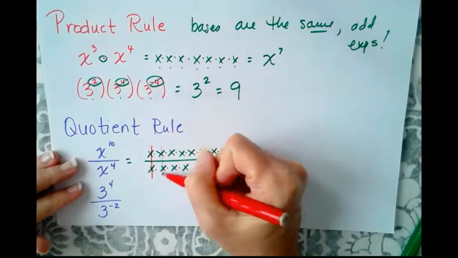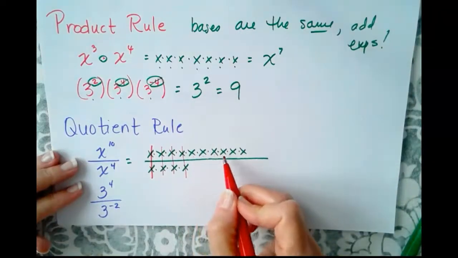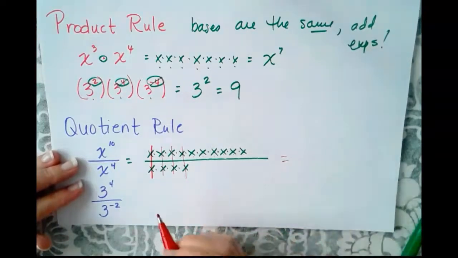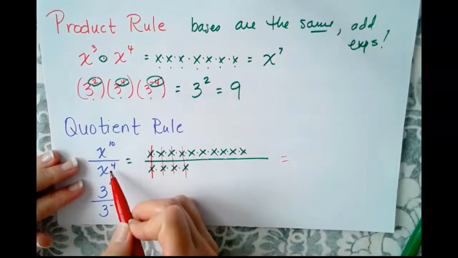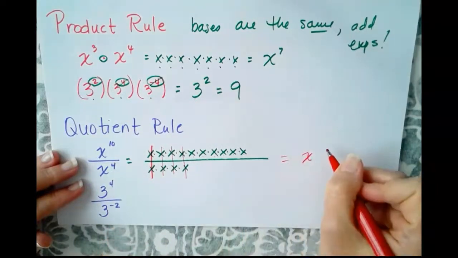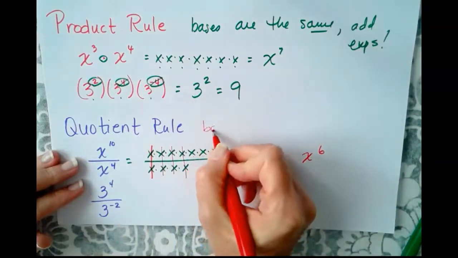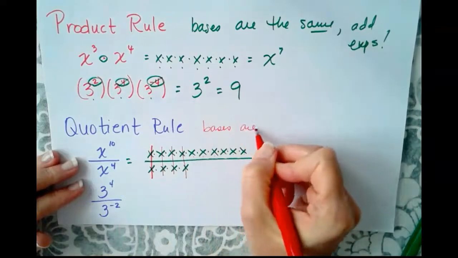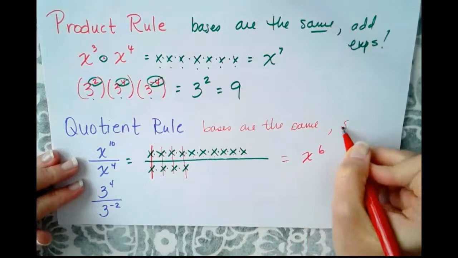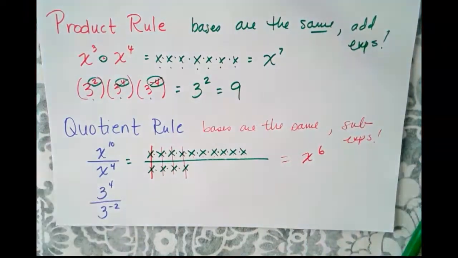That's 1, 1, 1, 1. 6 powers of x remain, which is, of course, exactly what we would get if we subtracted those exponents. 10 minus 4 leaves 6. So quotient rule. Once again, when the bases are the same and you're dividing, subtract the exponents.